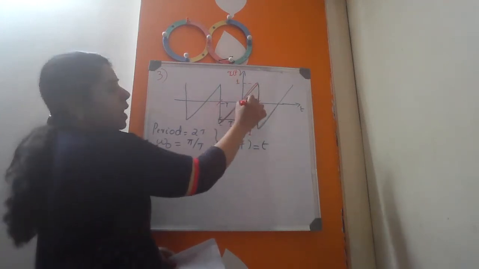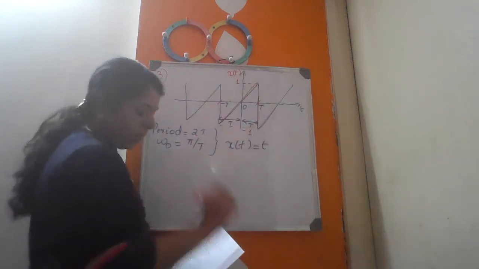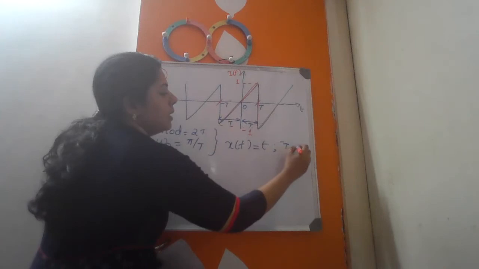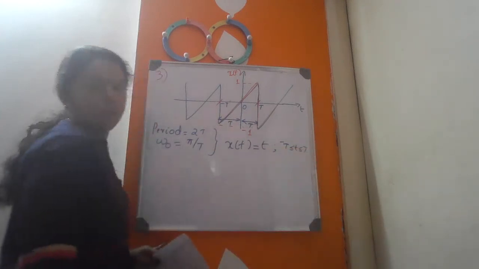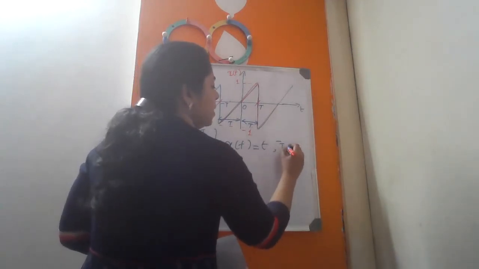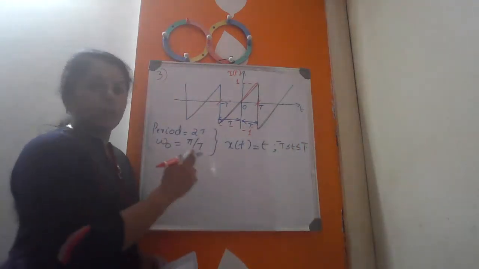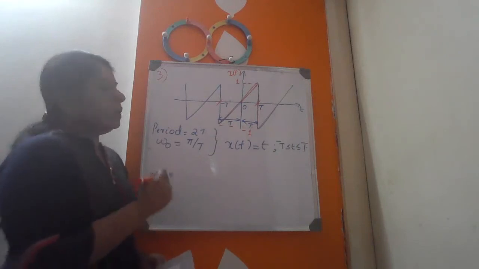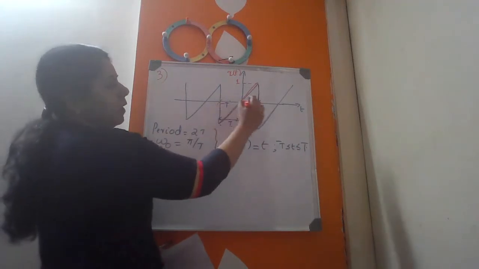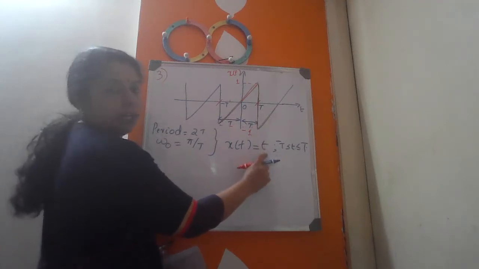So can I write x of t as t? And it varies between minus t and plus t. So this is the equation of the given signal, from minus t to plus t. That is why I said please consider your signal from this point to this point, so I can integrate with one equation alone, where x of t is t.